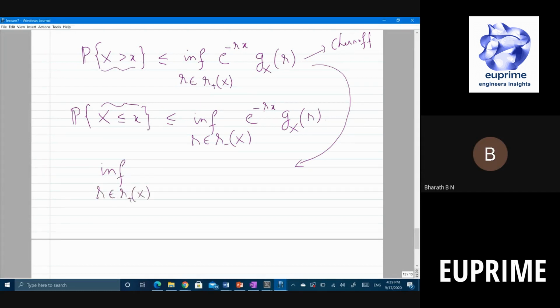I will do the following. I can write this as e to the power ln of g_X(r), right? Ln and exponential will cancel. So I'll have ln of g_X(r) minus rx.